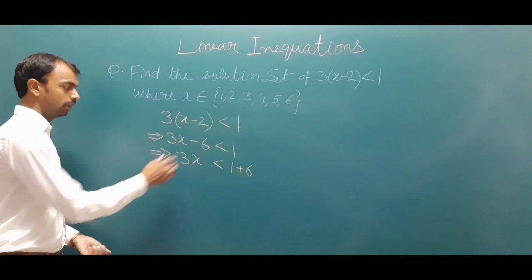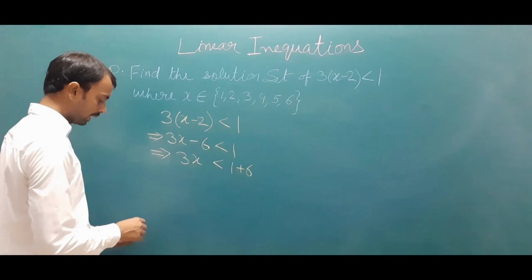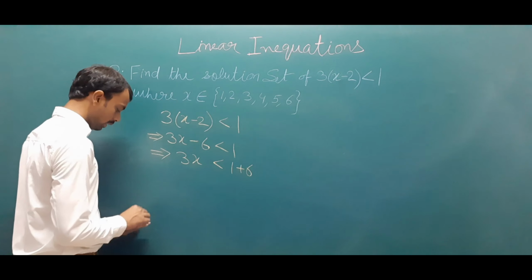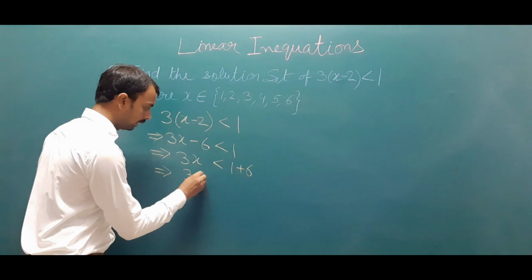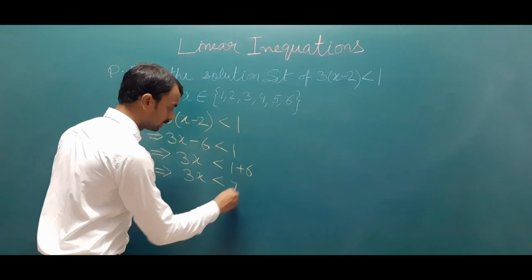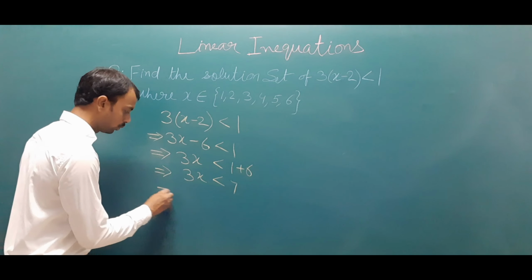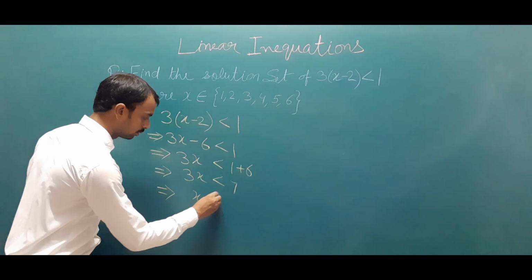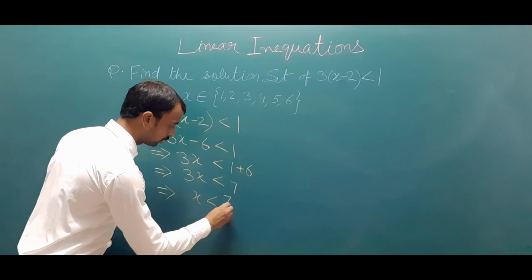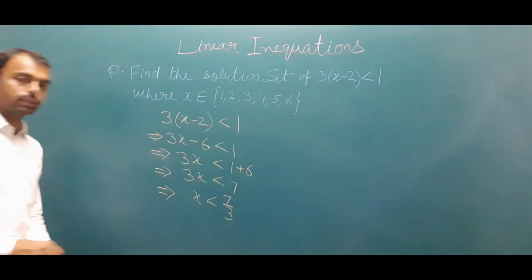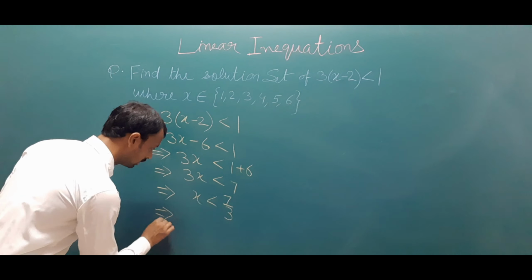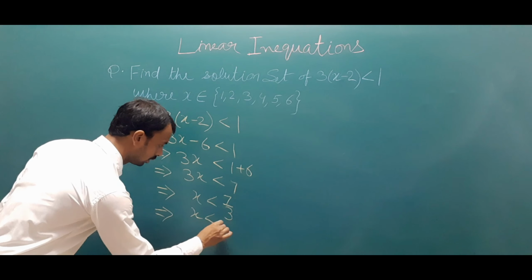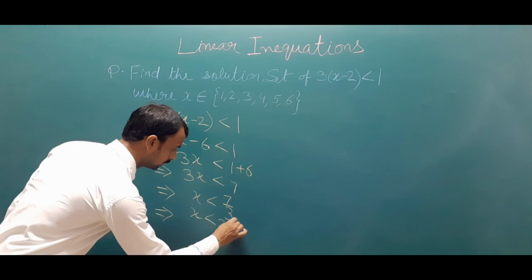We transfer the minus 6 to that side. Next step, 3x is less than 7, so x is less than 7 upon 3. And what is the meaning of 7 upon 3? That is, x is less than 2.33.